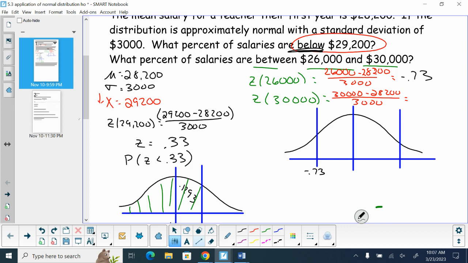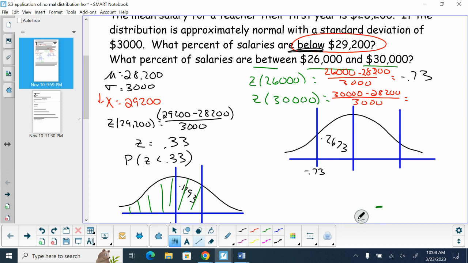If I look up 0.73, what's your table value? 0.2673. That's my first table value.